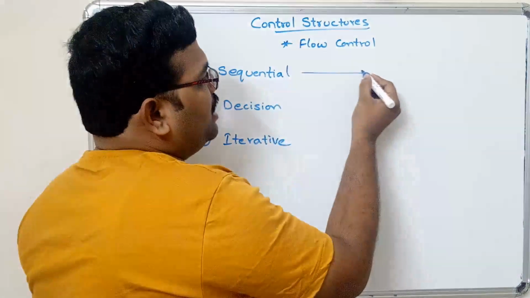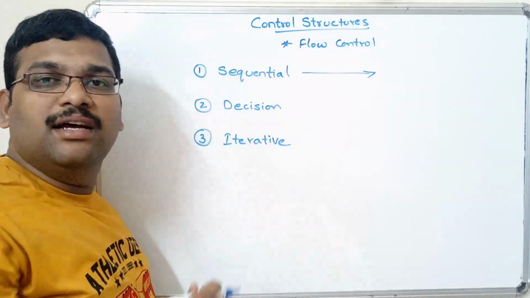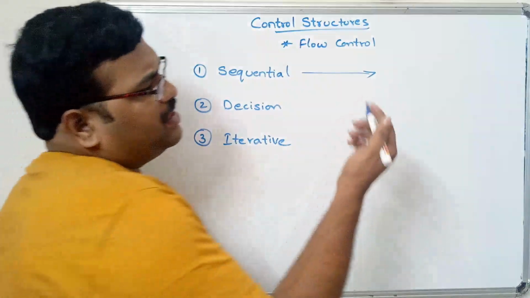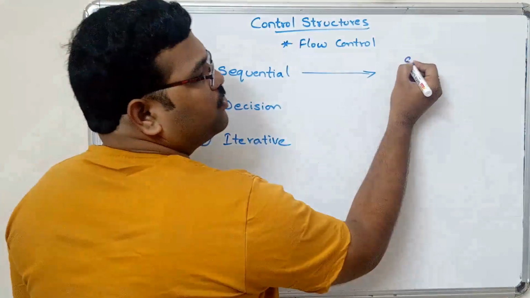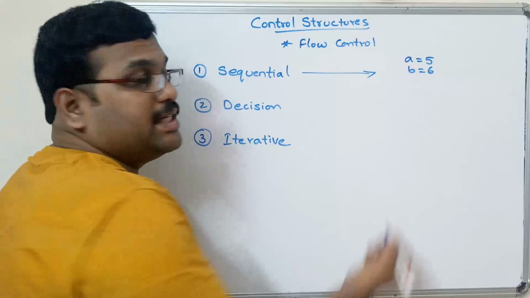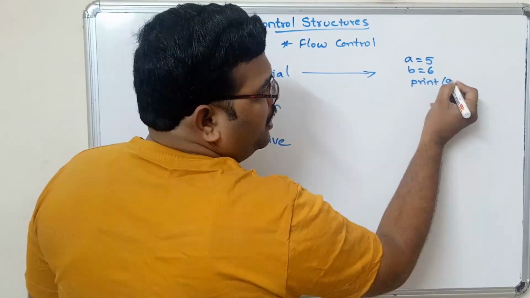Coming to sequential, a normal sequential execution of statements, we call it a sequential control flow. For example, if you want to add two numbers, that requires two integers: a is equal to 5, b is equal to 6, and print a plus b.